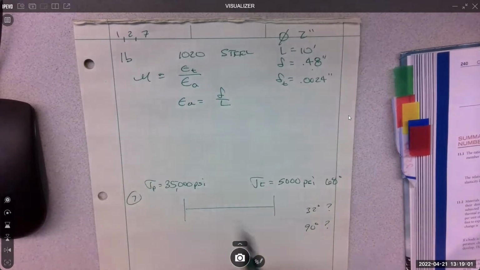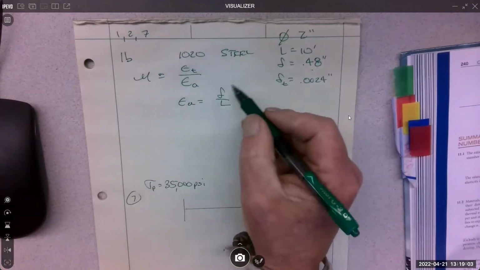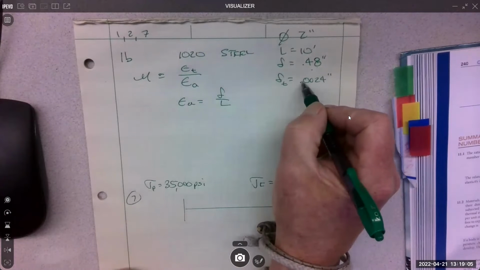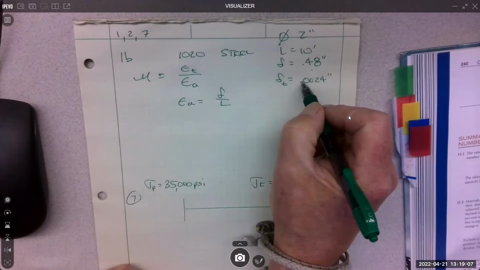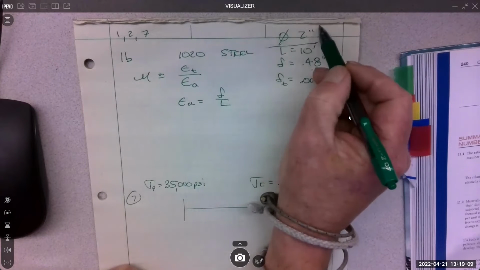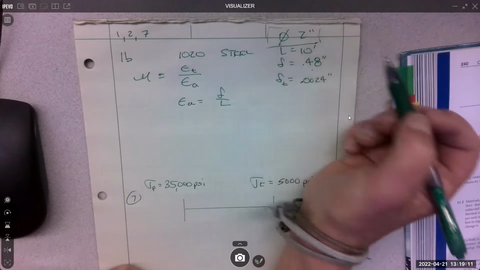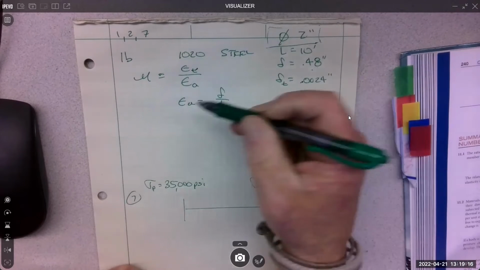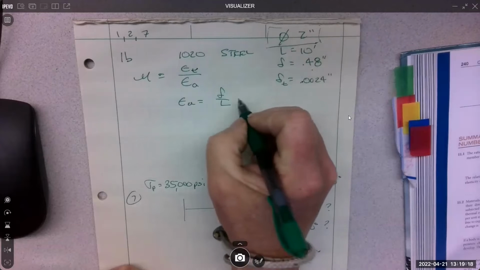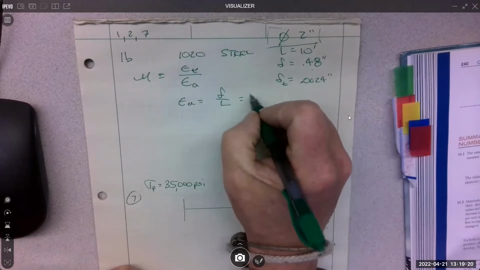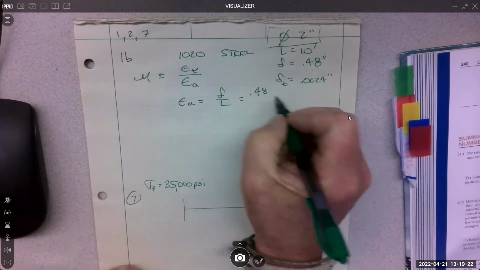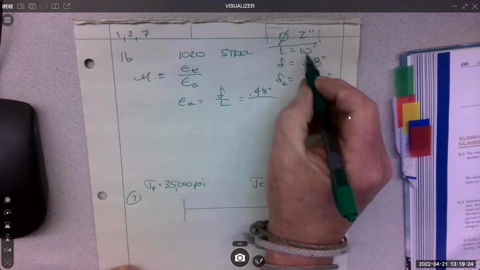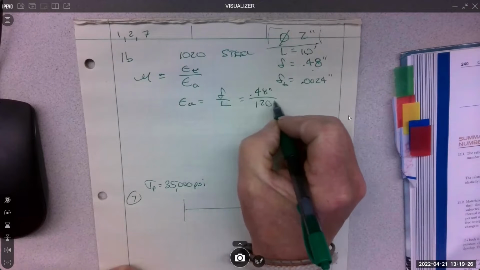So if we know the transverse deformation and we know the transverse dimension of 2 inches, we should be able to get to this strain. This one we can get to from this. So let's do axial strain first, 0.48 inches over, and we don't want 10 feet, we want 120 inches.